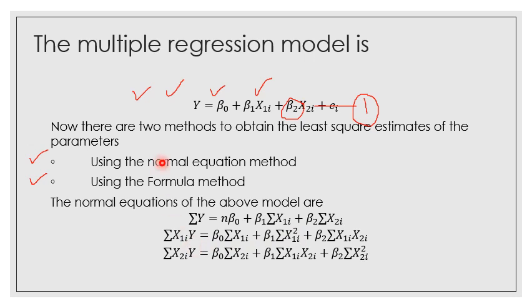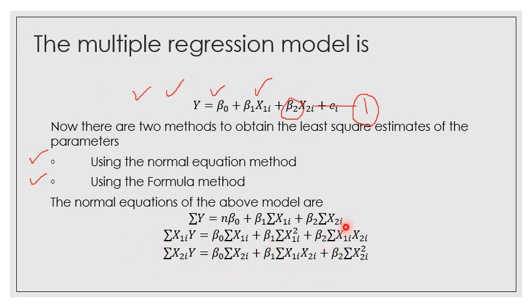Then this is the first normal equation. Then we multiply this main model by summation x1, and we will get this second normal equation. Again, we will multiply this model by summation x2, and we will obtain this third normal equation.